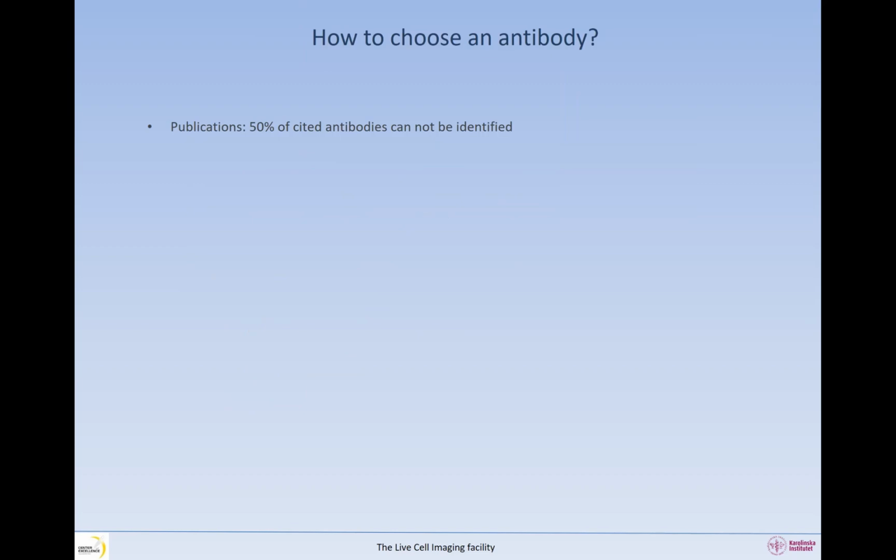A survey from 2018 showed that more than 50% of all cited antibodies could not be identified or purchased due to poor materials and methods reporting, the change of the product name or number, or discontinuation, and so on and so forth. So that's not very funny: you want to use an antibody that shows good results, but you cannot find it.